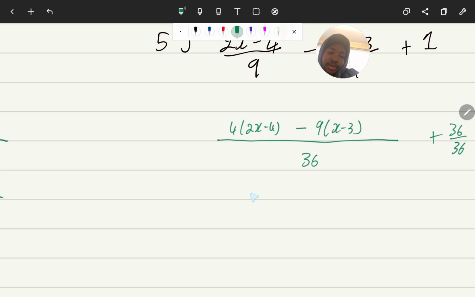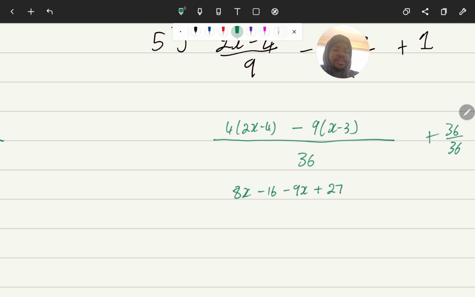And then you have 8x minus 16 minus 9x plus 27, then you have your plus 36. Everything is divided by 36, right?